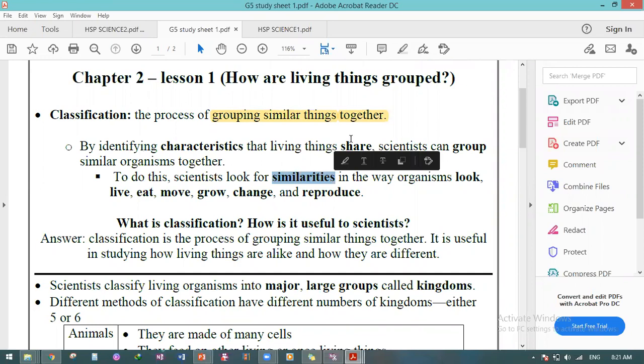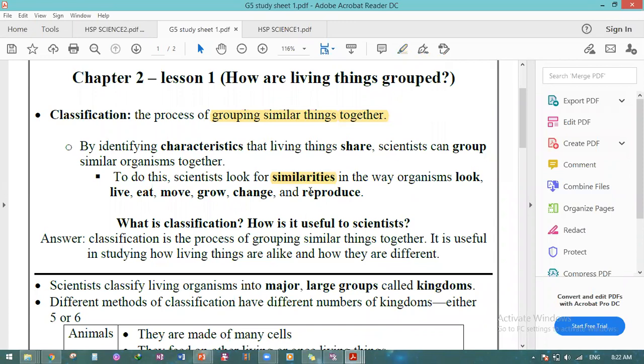If they share a lot of things, like animals, for example, most of them are warm-blooded, others are cold-blooded. Some of them are covered with hair, others are covered with feathers, but they are all made up of animal cells, and also about plants and fungi, everything.